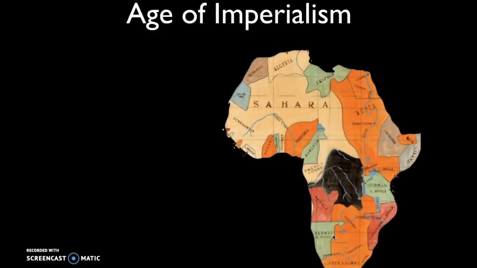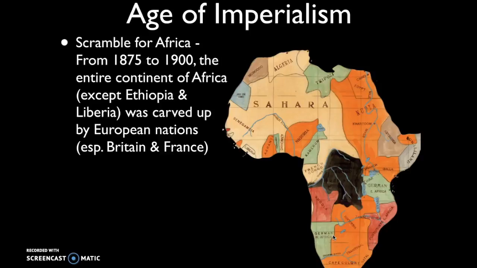There were a number of diseases that would be contracted, like malaria. But by 1900, that had all changed. Within about a 25-year window, from 1875 to 1900, the entire continent of Africa, except Ethiopia and Liberia, was carved up by European nations, especially Britain, who's in orange on this map here, in South Africa and in Egypt and down the Nile River, and France, which is located predominantly in West Africa.